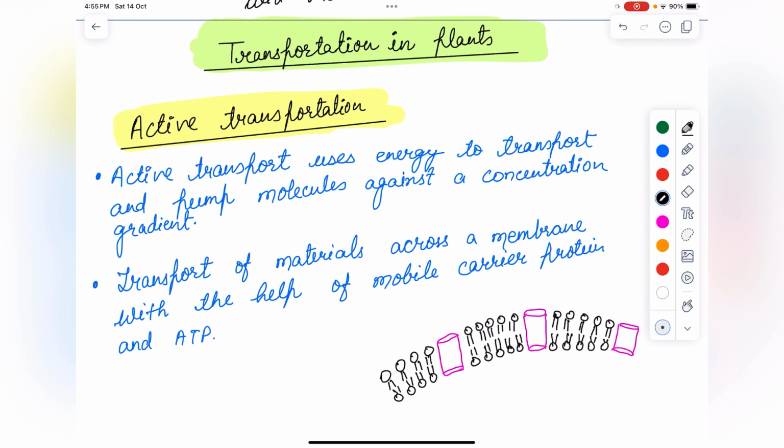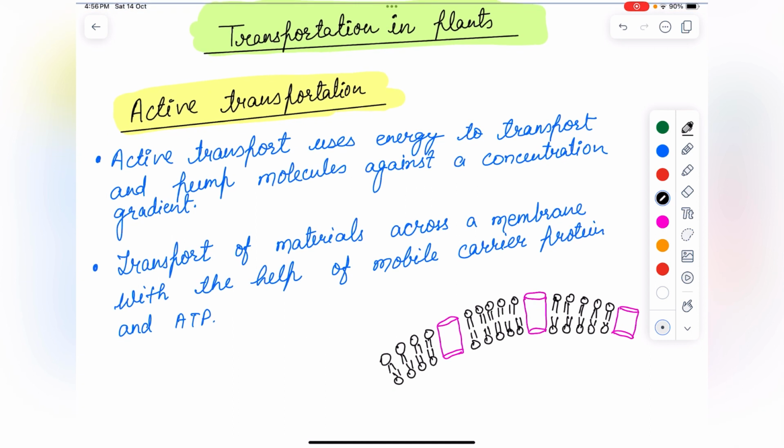So today I'm going to start with this topic, transportation in plants. In the previous video I have explained what is transportation and what is translocation, short distance transportation. I have also discussed diffusion and facilitated diffusion.